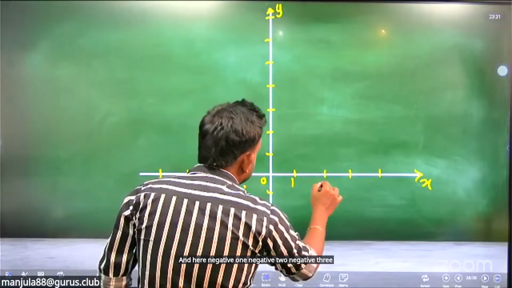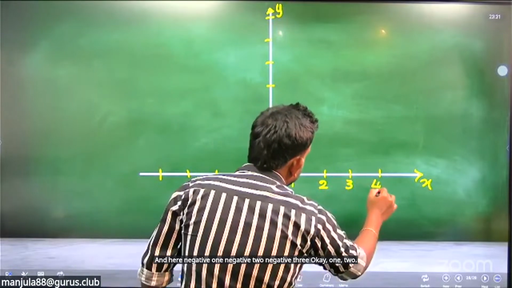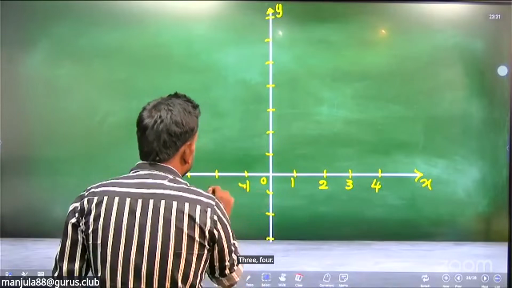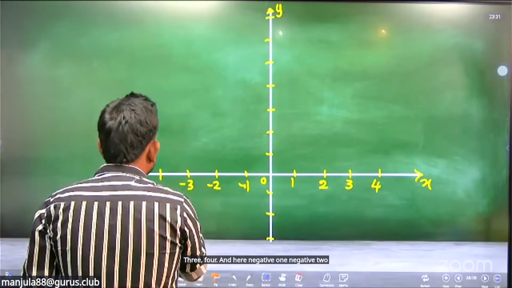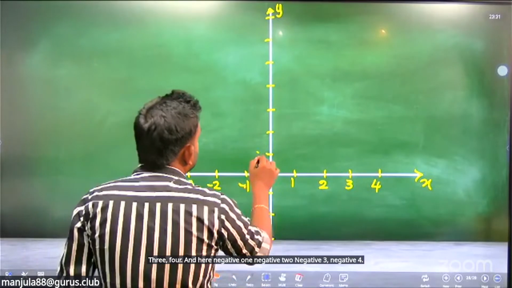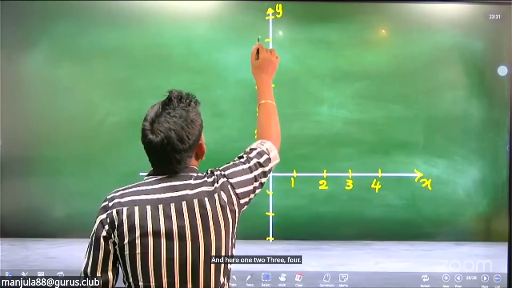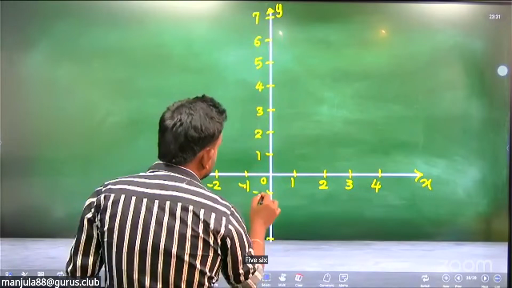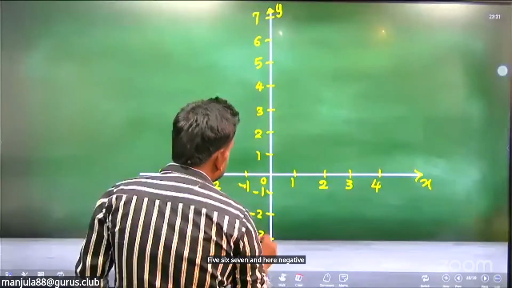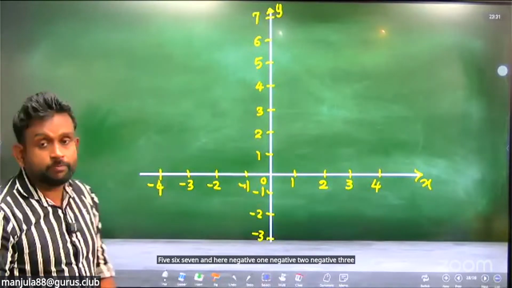Okay, 1, 2, 3, 4, and here -1, -2, -3, -4, and here 1, 2, 3, 4, 5, 6, 7, and here -1, -2, -3.